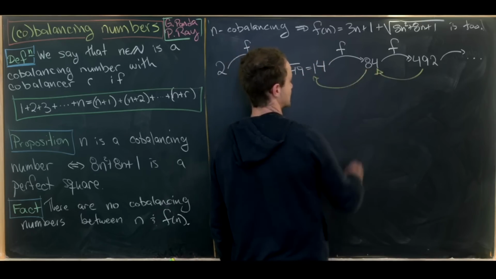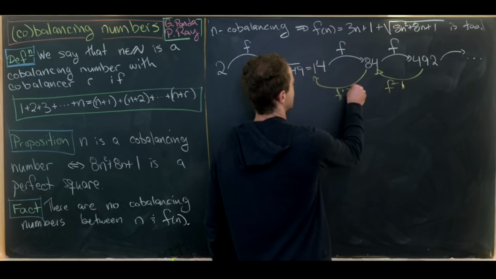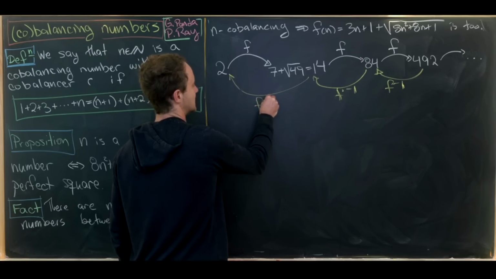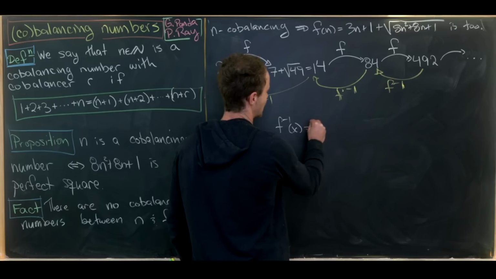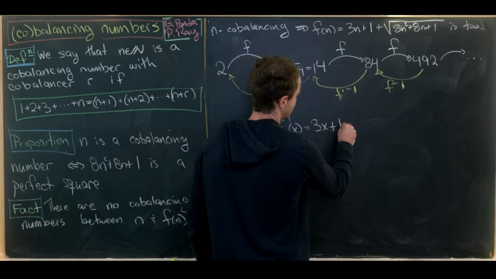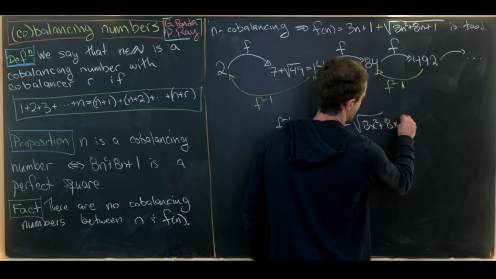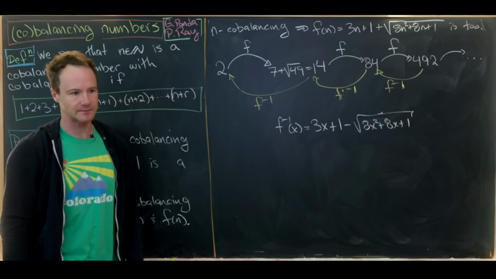So f inverse will take us from 492 to 84. It'll take us from 84 to 14, and then it'll finally take us from 14 back to 2. And also f inverse has that format that we saw before, which was 3x plus 1 minus the square root of 8x squared plus 8x plus 1. We actually calculated f inverse along the way.